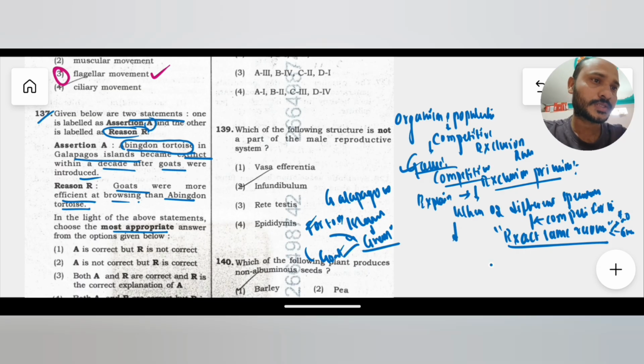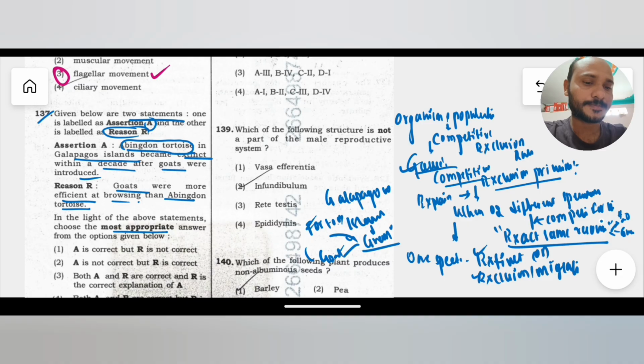So ultimately, when two different species compete for the same resource, among the two, one species gets extinct, or there may be exclusion. Exclusion means they are forcefully migrated to another place where the same resources are available. Otherwise, one species gets completely extinct.